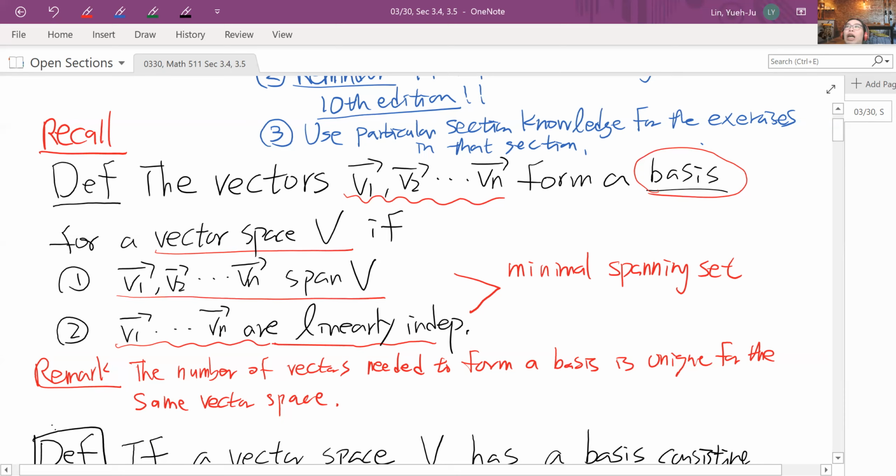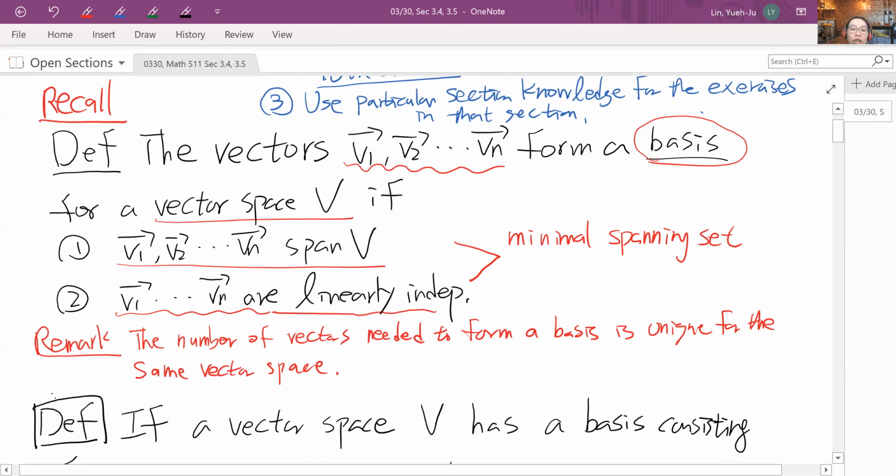Those are one type of choice, the easiest one. But you can also find me 3 linearly independent vectors, and that will also form a basis for R3. So the choices of bases are not unique. However, the number of vectors you need is unique. Since this number is unique for the same vector space, it becomes a kind of signature of the vector space.